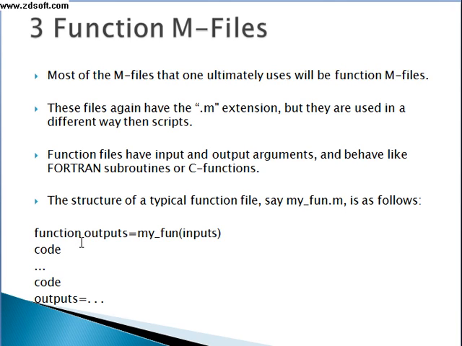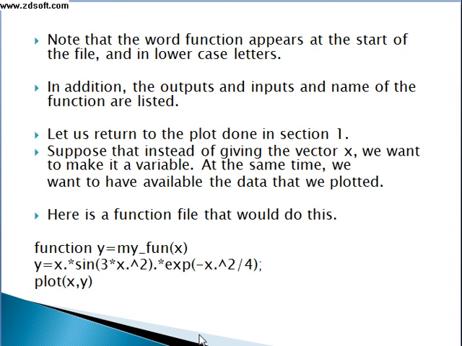Then write the outputs equal to the file name, that is myfunc, and give the inputs, and then the code whatever you want, and at the end the output you wish. Note that the word function appears at the start of the file and in lowercase only. In addition, the output, input and the name of the file are listed here.